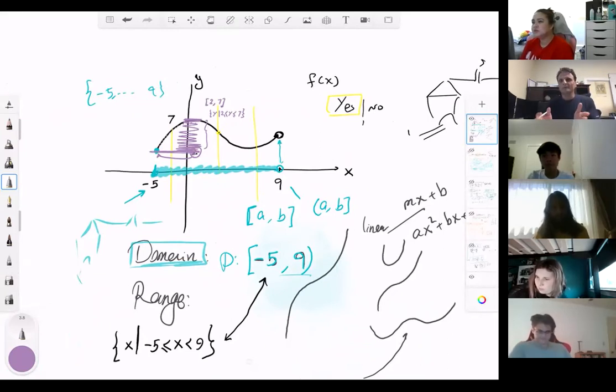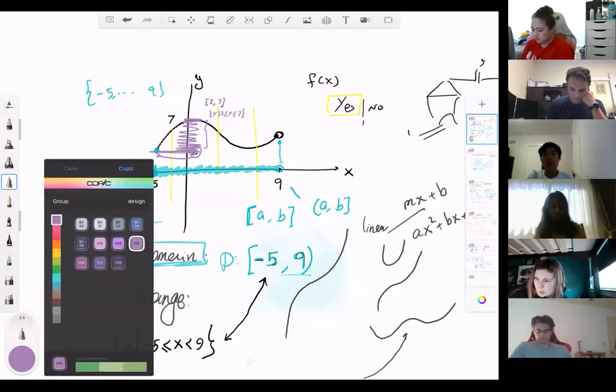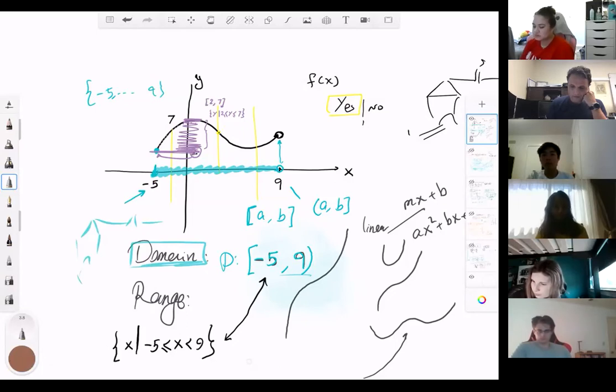So in this course, mostly we're going to deal with the graph. I give you guys a graph, find the domain and range. If you have enough practice, it will be super simple. And in pre-calculus, we usually study the behavior of the graph on a closed interval.